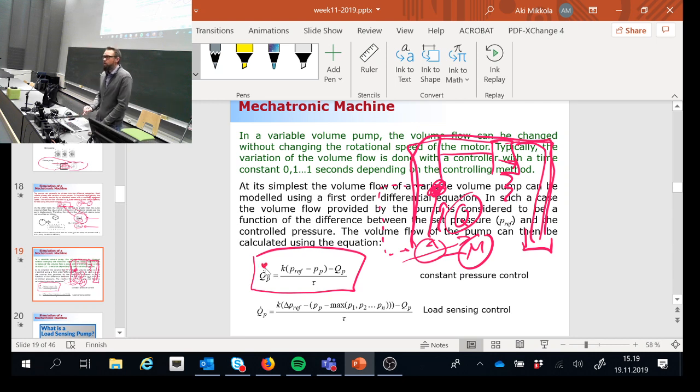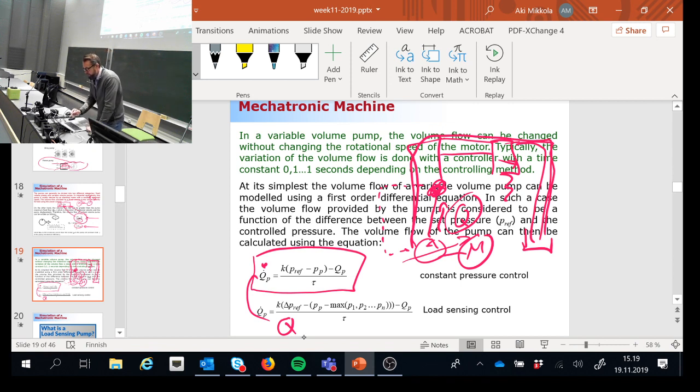In order to know how much flow exactly is produced, you have to integrate this in order to produce the flow rate. That's the one that goes to this differential equation that either increases or decreases the pressure depending on how much flow is coming in and how much flow is leaving out.